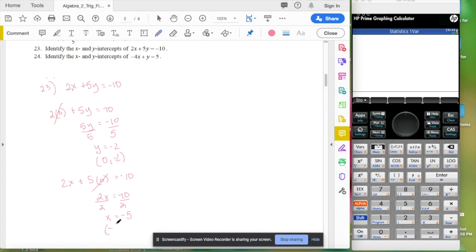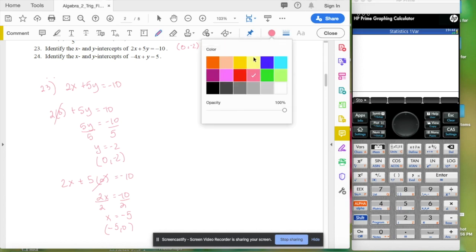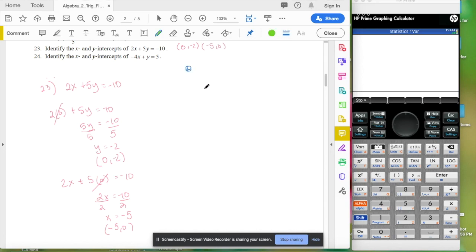So the x-intercept is going to be -5, 0. My answer for 23 will be 0, -2 and -5, 0. I'm going to do the exact same thing for the next one, 24.